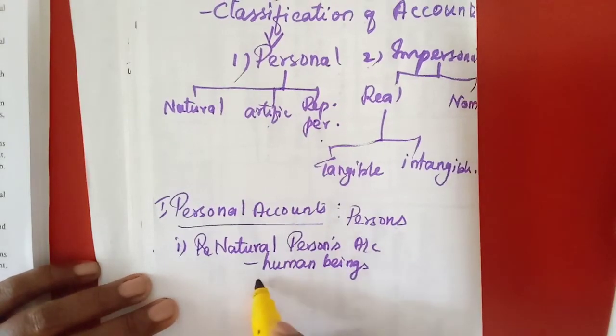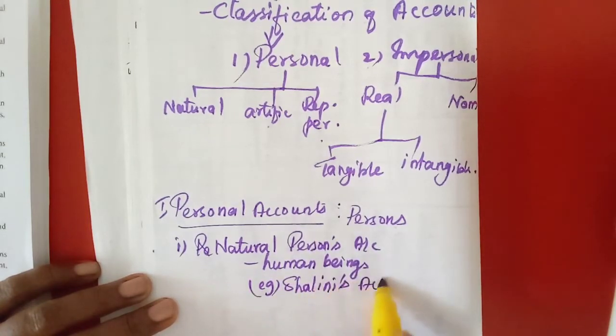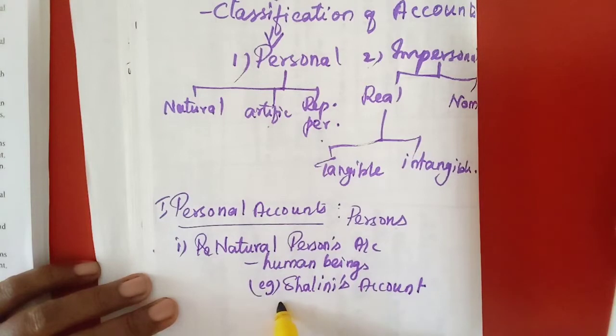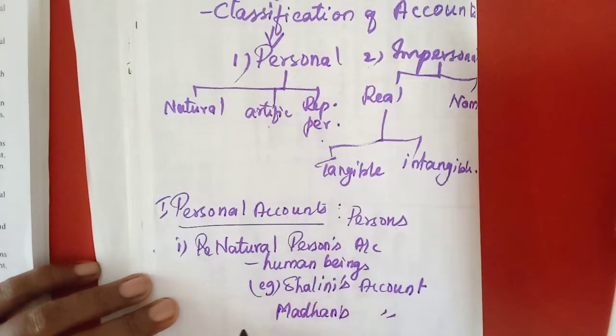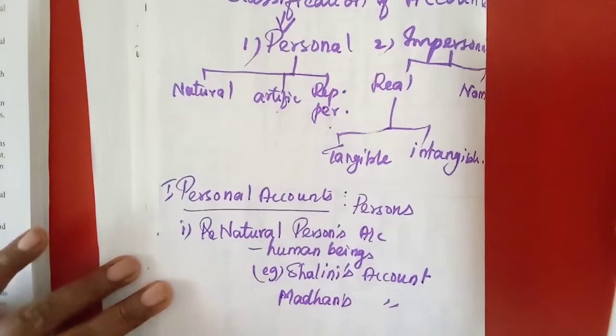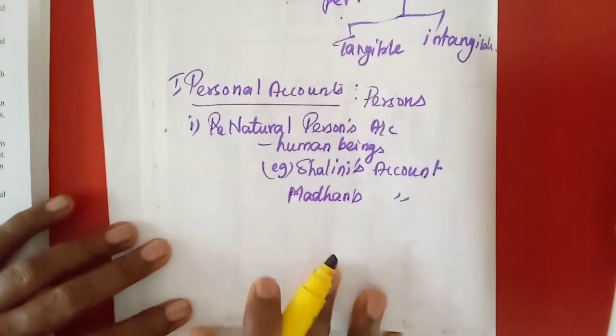For example, Shalini's account, Madan's account. Men and women, that is a natural person's account.